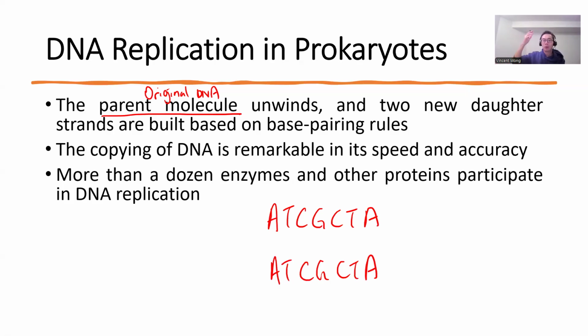But when your cells try to do it, copying means something else. They cannot copy word for word or letter to letter. If they see an A, it's impossible for them to copy it as A. When they see T, they cannot copy it as T. Instead, they have to build based on the base pairing rule.